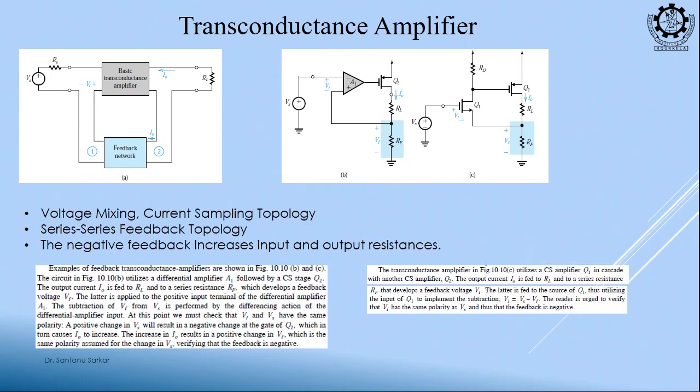Next is the transconductance amplifier. Output side is I. If you want to take a portion of the current, you have to make it in series, so that the same current flows. Unless it is in series, the same current will not flow.